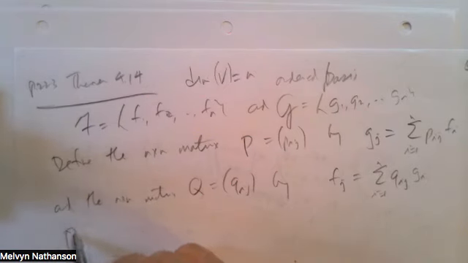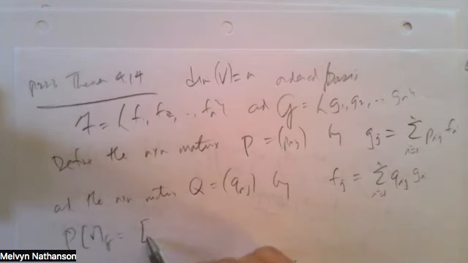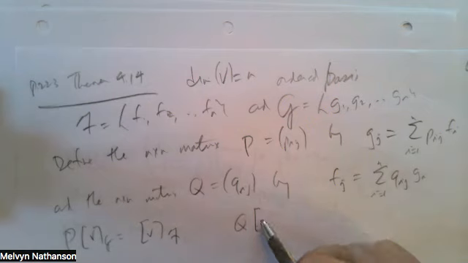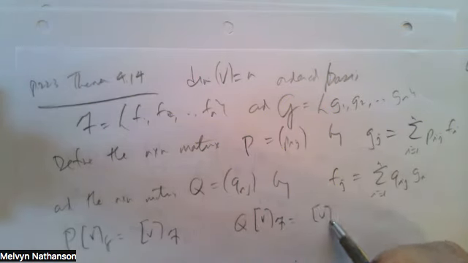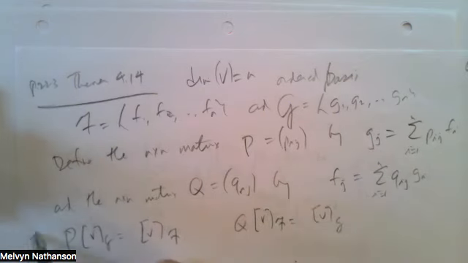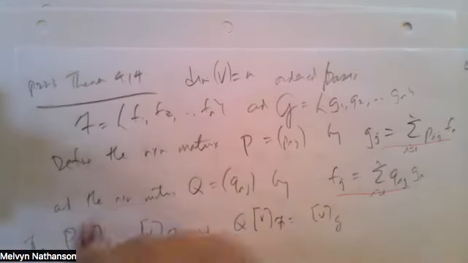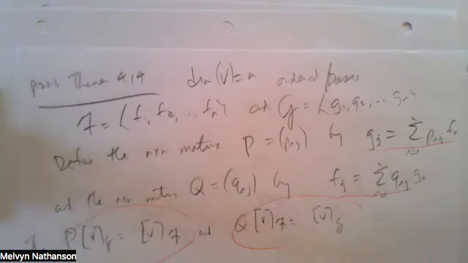If you take P and multiply it by the coordinate vector for V with respect to G, you get the coordinate vector for V with respect to F. And if you take Q times the coordinate vector for V with respect to F, you get the coordinate vector for V with respect to G. So these are the formulas for computing these two things.